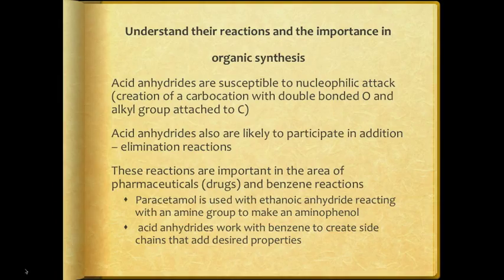Paracetamol, a common analgesic drug available in Kazakhstan, is made with ethanoic anhydride reacting with an amine group, remember a nitrogen group, to make aminophenol. And acid anhydrides work very well with benzene to create side chains off of the benzene ring to create pharmaceuticals and many other items.